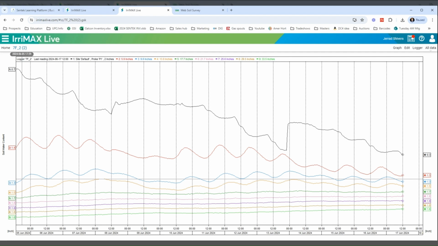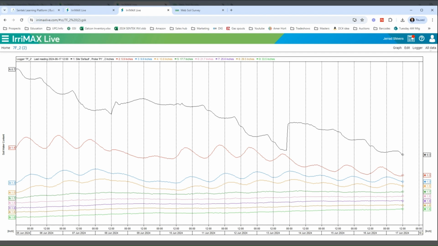What we are locating is how much water is in the soil, in cubic feet and those types of things. So this is what the IrriMAX and Sentek probe is guesstimating is in our soil. This is where we are saying it is located.